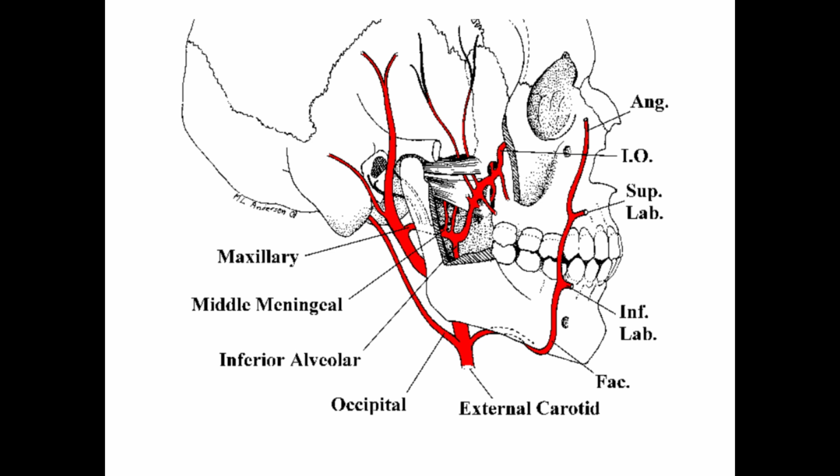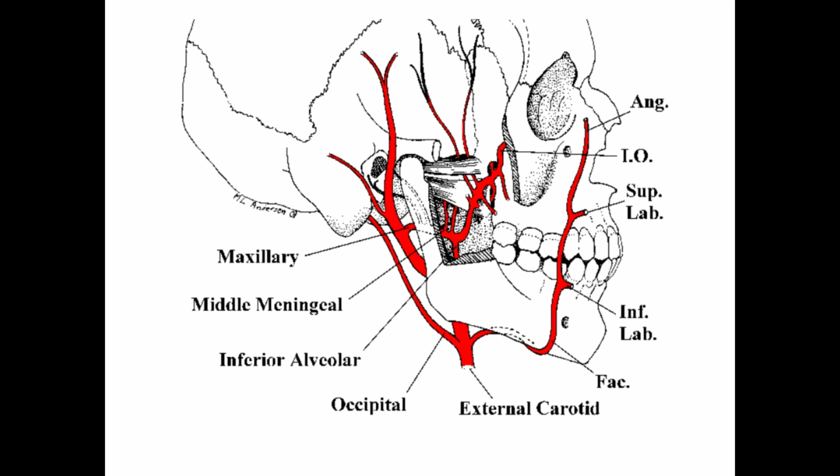We can see this diagram here. It's showing us the maxillary artery coming from the external carotid artery. Like we have said, the maxillary artery is the terminal branch of the external carotid artery. Here we can see the maxillary artery, and don't forget that it's divided into three parts by the lateral pterygoid muscle, which is situated over here.